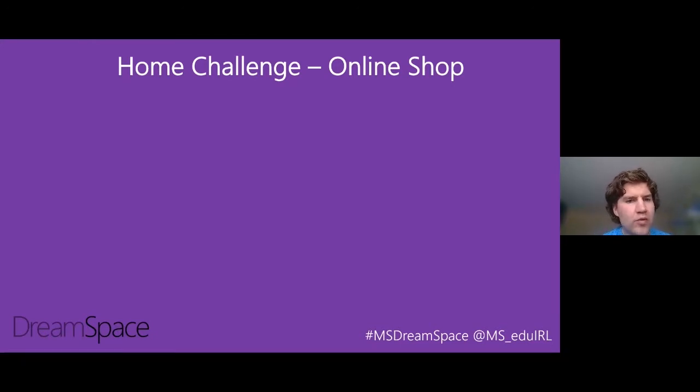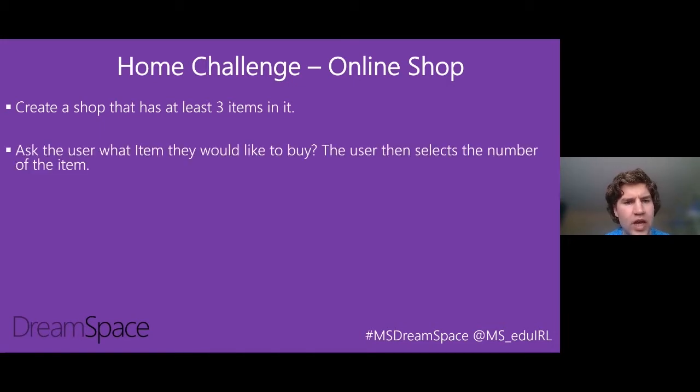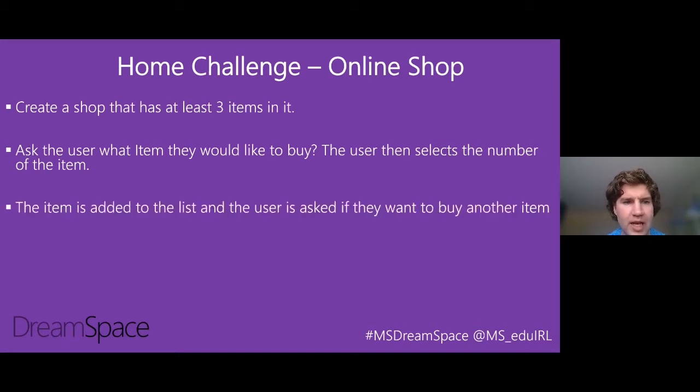So last week we worked a good bit on our lists and our while loops. And we set you a little challenge to work on a project we were completing the last day. We'd made a little shop with 3 or 4 items in it, hopefully. And we wanted you to be able to ask the user which item they wanted to buy. And the user would select the number of the item. We'd got that far the last day, but we wanted to give them multiple choices.